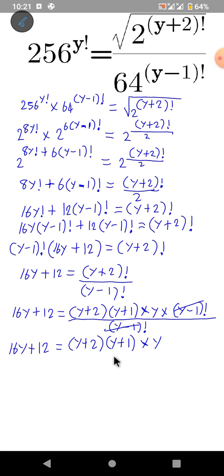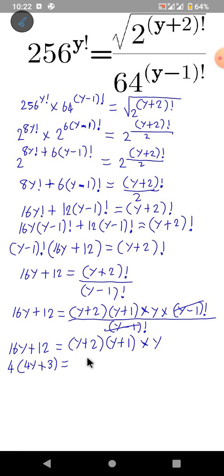Now since we only need the positive value of y for this expression here, I'm going to rearrange this whole expression. So first of all I will factorize this. The HCF of 16y and 12 is 4. So here will be 4 open bracket, here will be 4y plus 12 divided by 4, that's 3. Then all equal to, I'm going to rearrange this now.